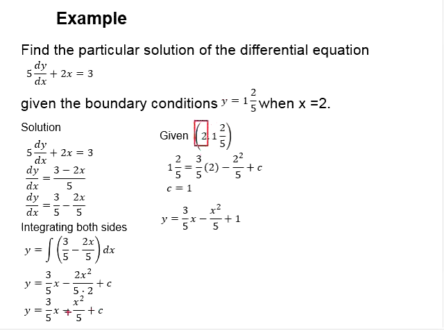Substitute the relevant values into x and y, which gives you this. The only unknown now is c, which ends up being c equals 1. Substitute c equals 1 back into the integrated function. You will get your final solution to be this.